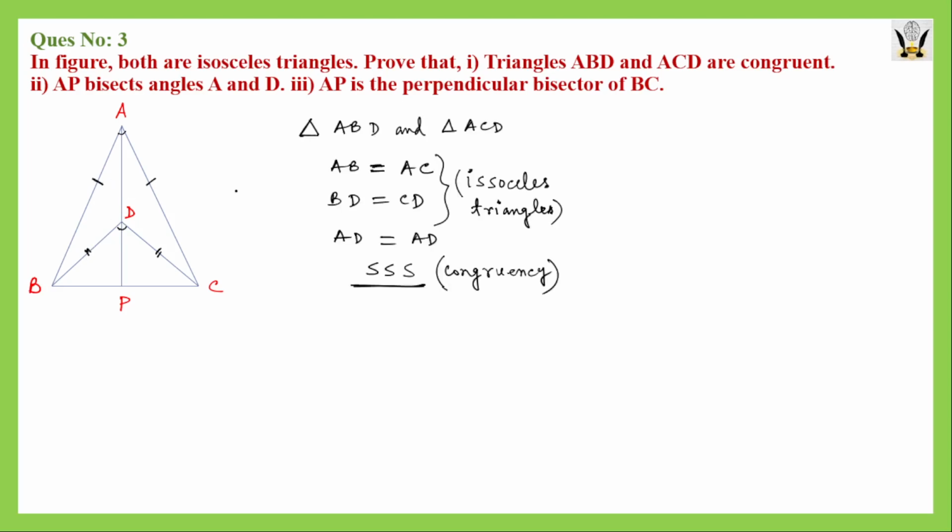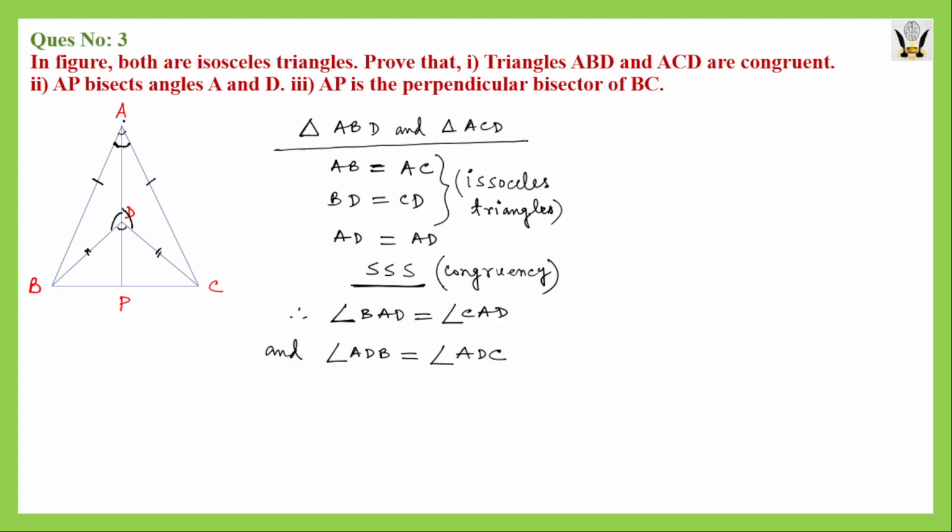So here we have side, side, side congruency. Now since these two triangles are congruent, we can say that angle BAD will be equal to CAD, right? These two angles will be same, and at the same time this angle ADB will be equal to ADC.